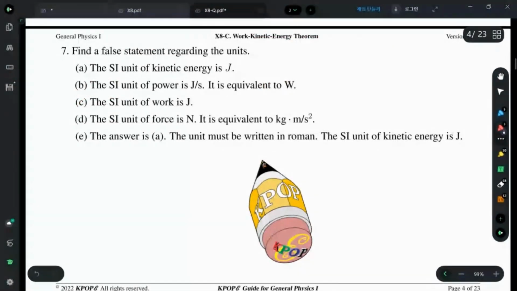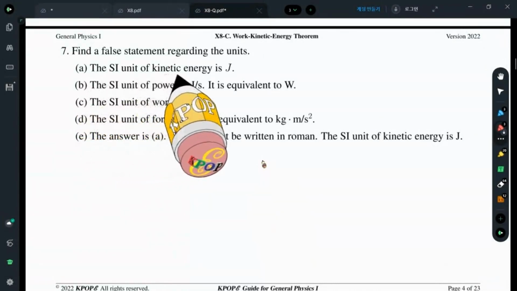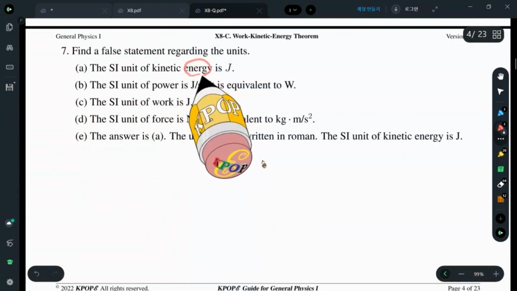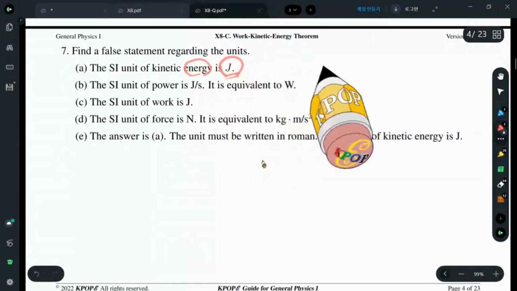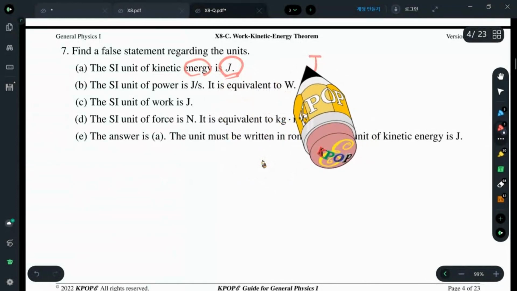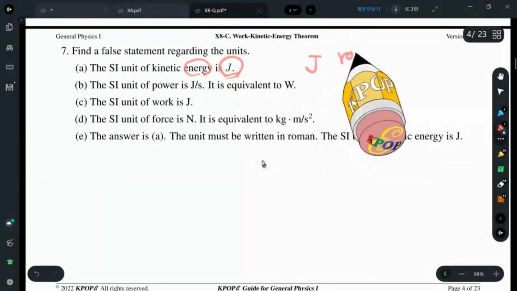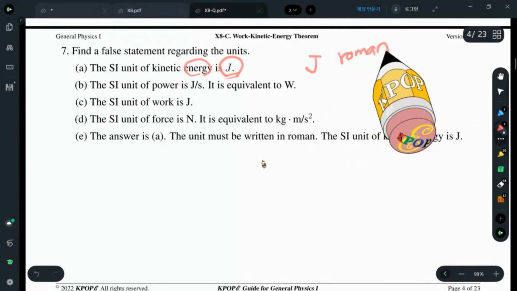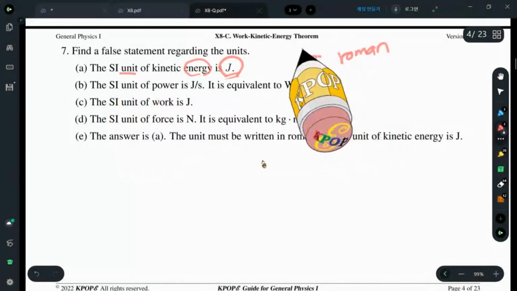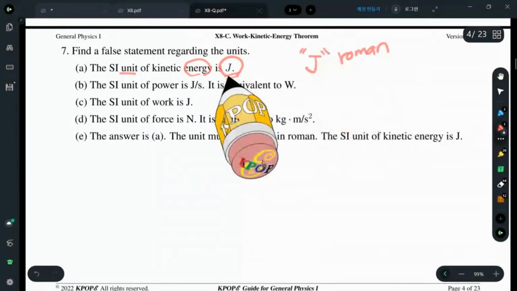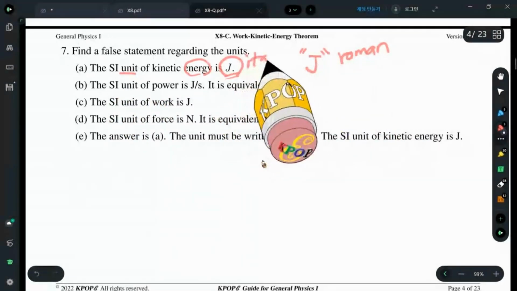Find the false statement regarding the units. SI unit of kinetic energy, any kind of energy, is the joule. It looks okay, but it's wrong because I have to write it in this style. It's Roman. Any unit, any physical unit, must be written in Roman. It is italic.